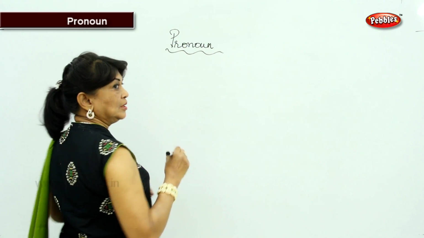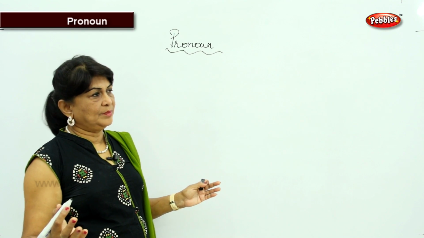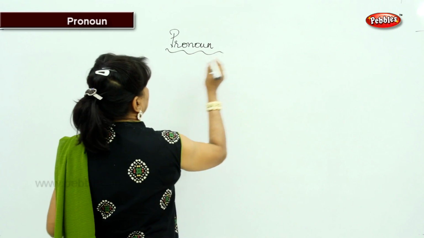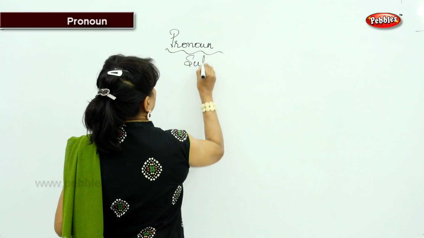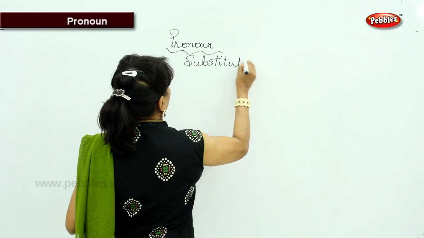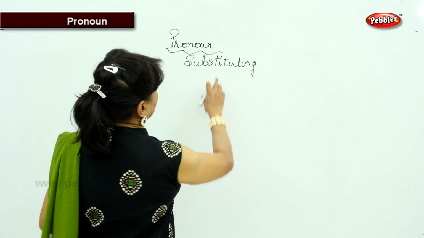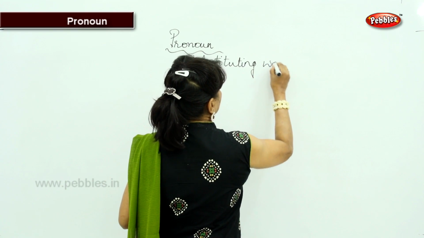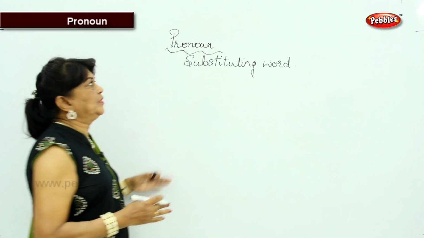A noun is a name of a person, place, animal or thing. A pronoun is a substituting word, I said. What do you mean by substituting? It stands instead of a noun.